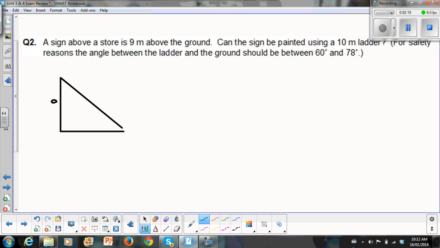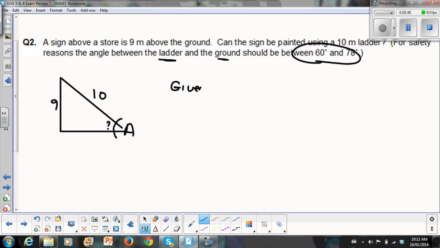So we have 9 meters above the ground. We have a 10-meter ladder. And the question is asking about the angle between the ladder and the ground, which would be here. And we need to know this angle. And if it lies between these two numbers, then we are safe. So the angle in question, we can use the capital letter A, any letter you want.